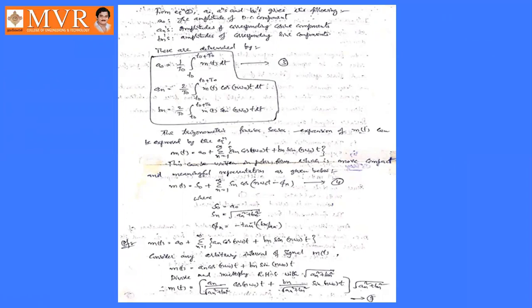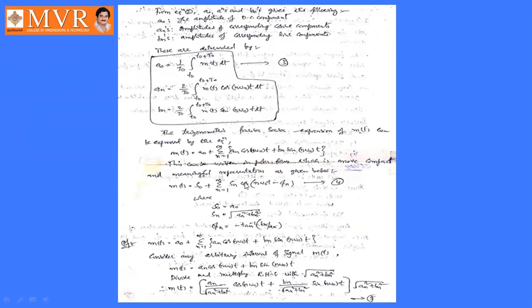Polar form means magnitude and phase angle form. So in polar form, which is a more compact and meaningful representation, m of t equal to s naught plus sigma n equal to 1 to infinity of Sn cos n omega naught t minus phi n. Okay, this is the polar form of the above expression.